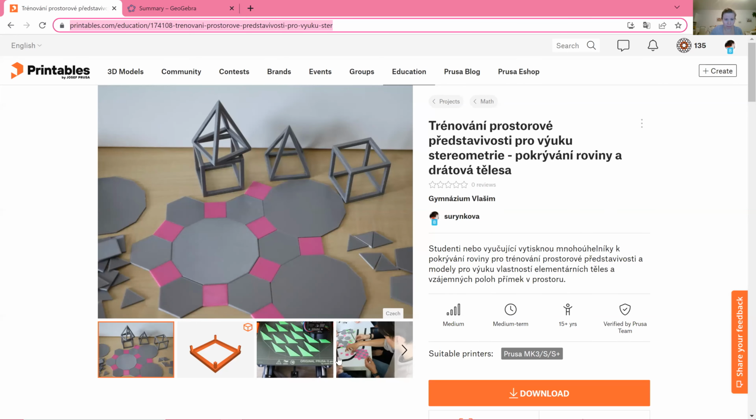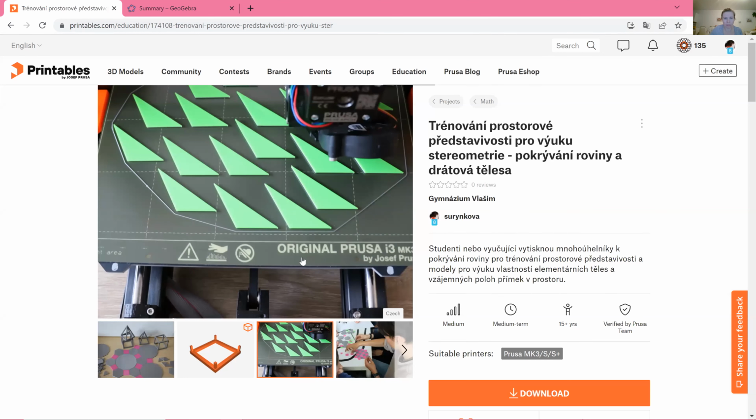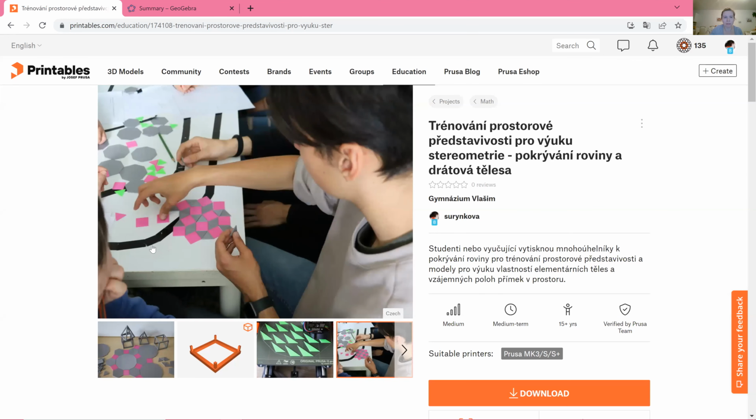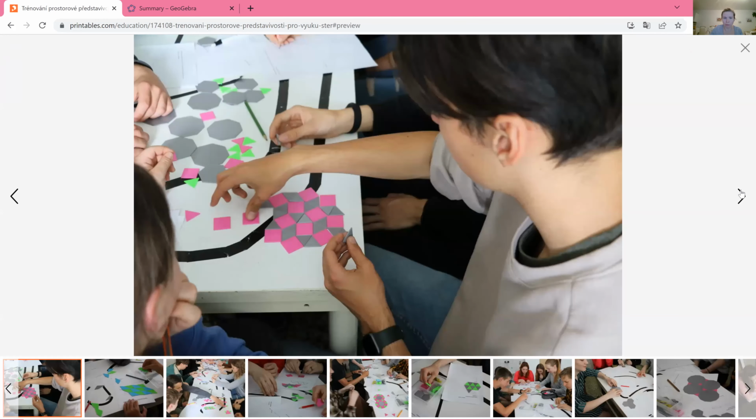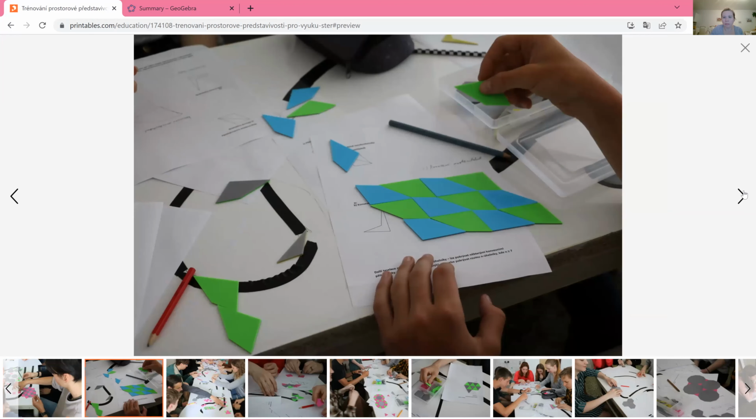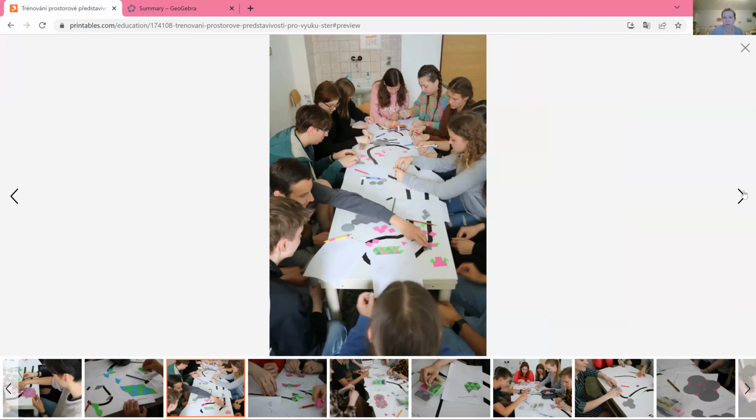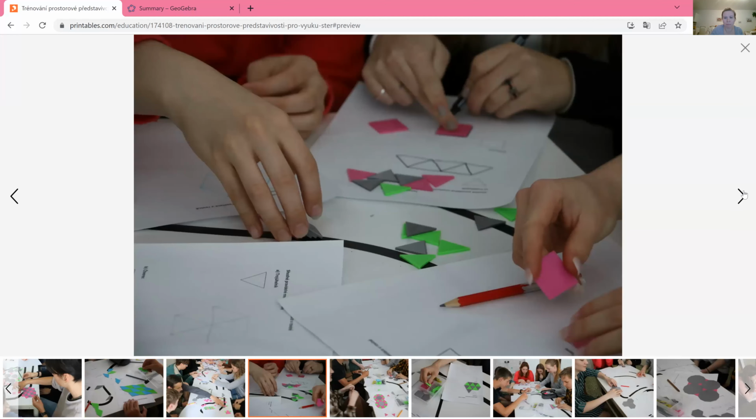Here you can see how it works on a 3D printer, and some pictures of my students, and that we were really using 3D printed models from GeoGebra, because these polygons were made in GeoGebra, and how we were working with them within the mathematics classroom, mathematics instruction.